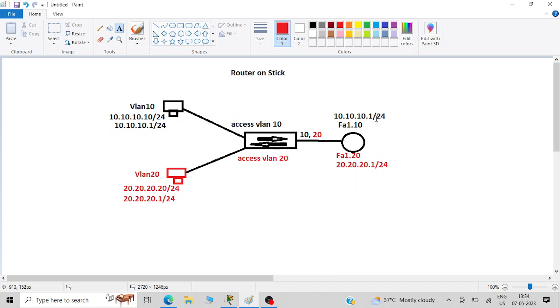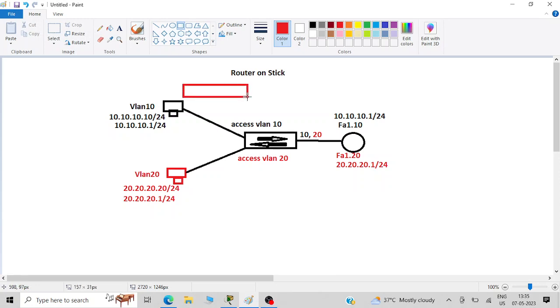interface as 10.10.10.1. Now, if a host in VLAN 10 wants to talk to a host in VLAN 20, the host will create an IP packet.